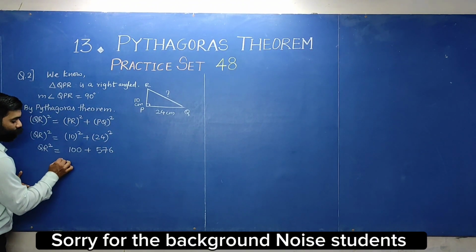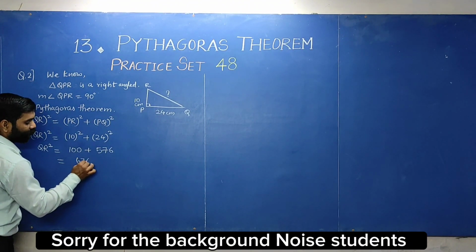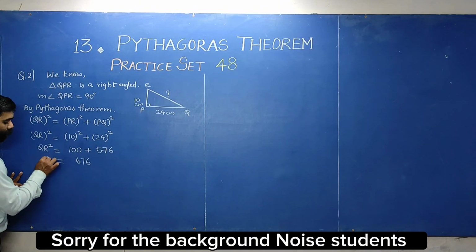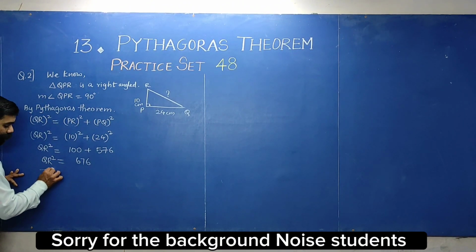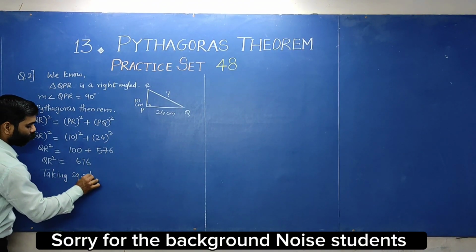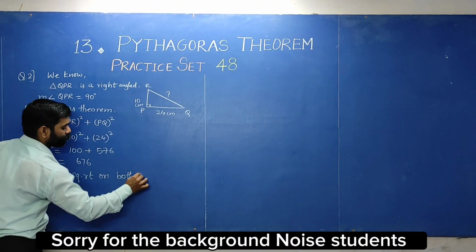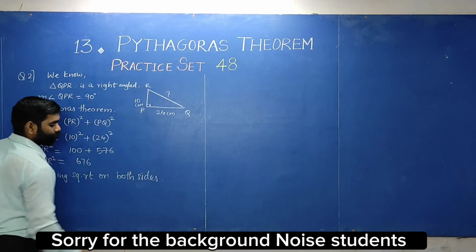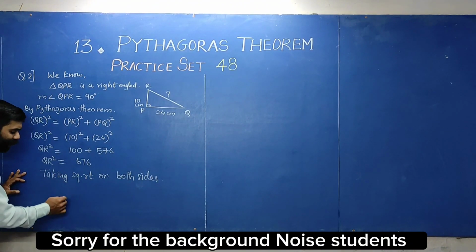We have to add these two, we will get 676 as QR square. Now taking square root on both sides, what will we get, students?